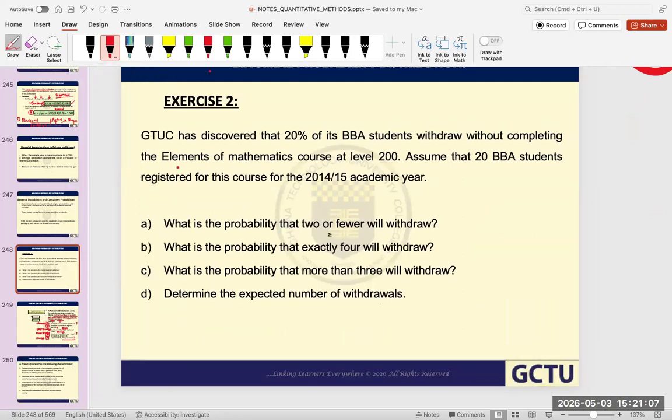It says, GTUC, an organization, has discovered that 20% of its BBA students withdraw without completing the elements of mathematics course at level 200.